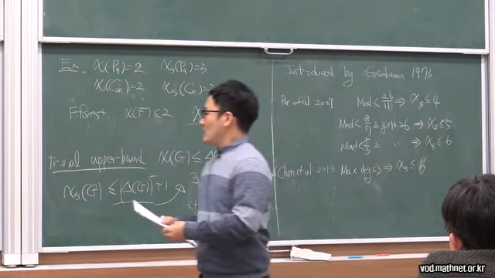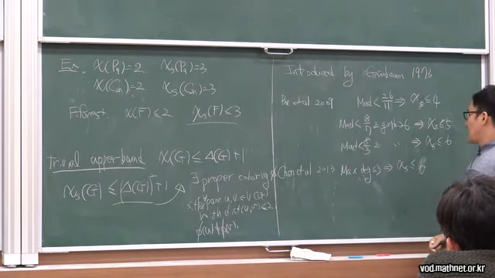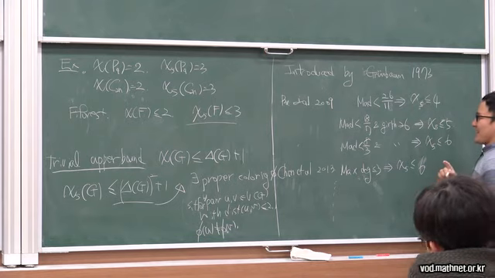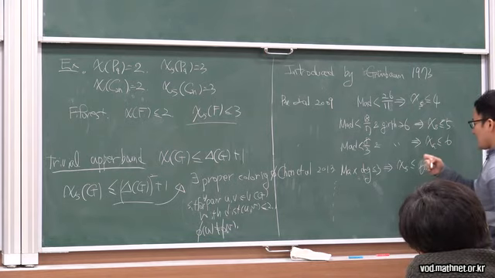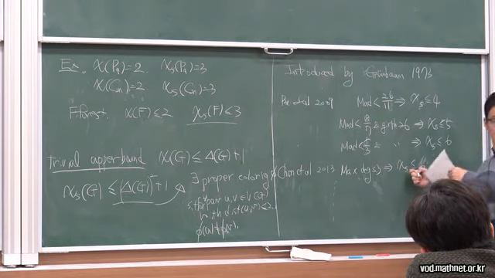Out of curiosity, how sharp are those? Which one? Any. Because the first statement says your average degree is really close to 2. I don't know. But for this result, I think it's a tight result.